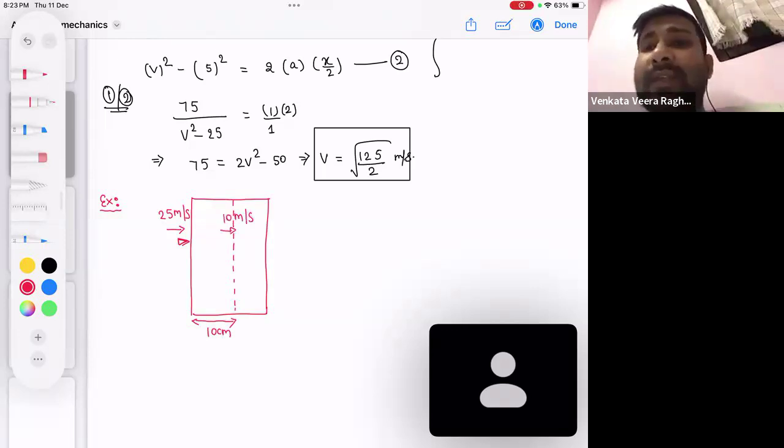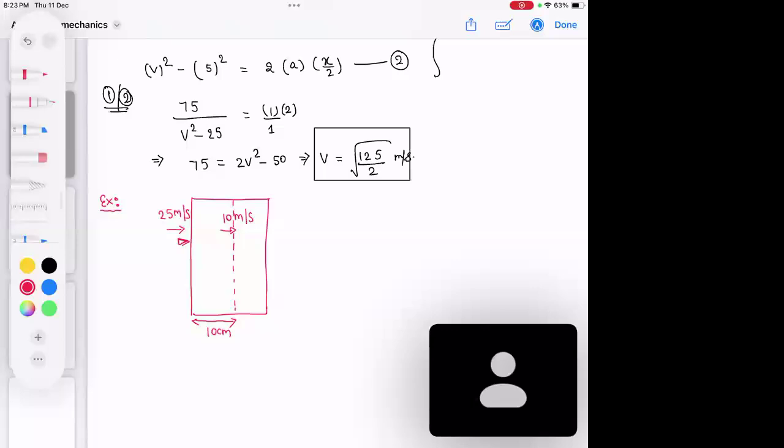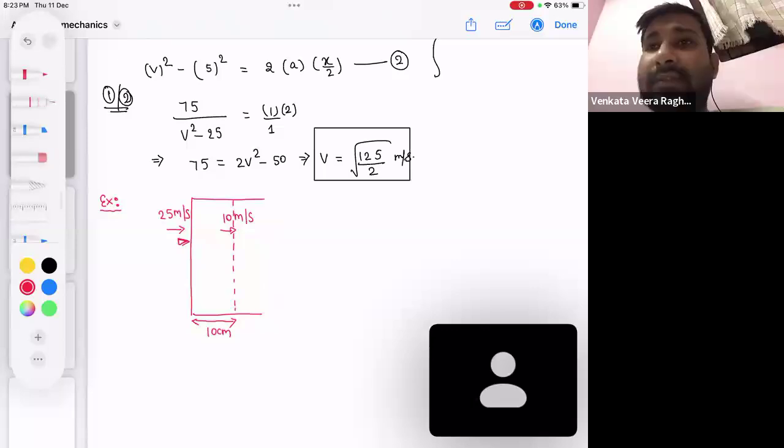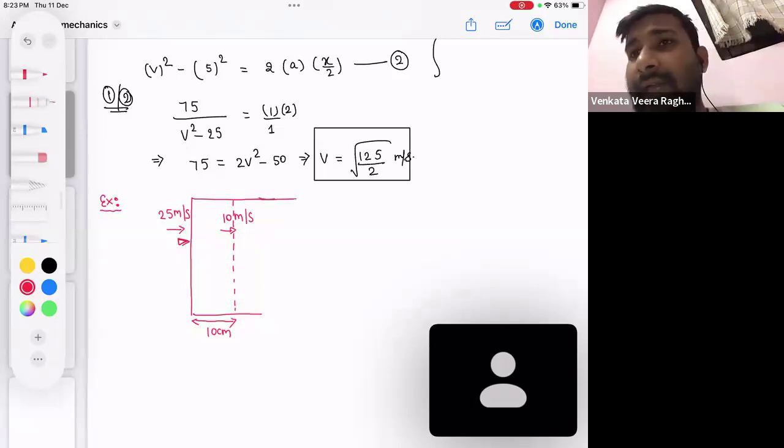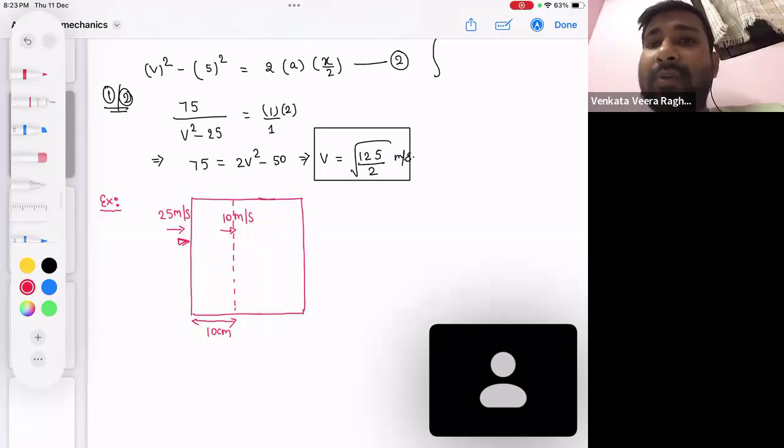After moving how much distance? After moving 10 centimeter, the velocity had changed from 25 to 10. So now they are asking in the question how far it will move further. It will move some further distance and finally it will come to rest.